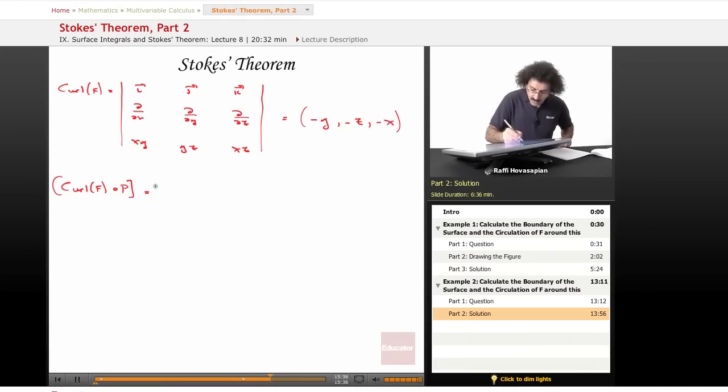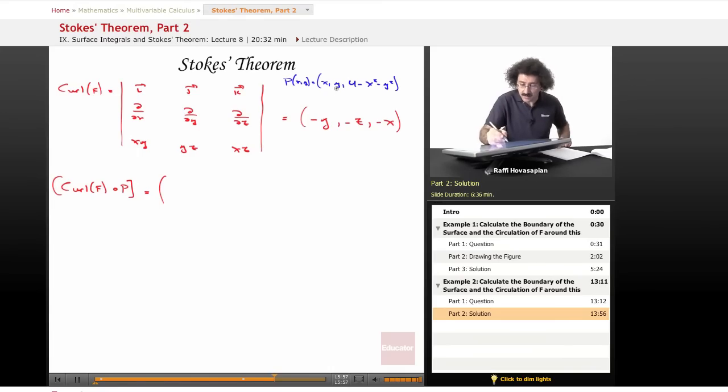So it equals minus y. Let's write down what the parameterization is so we remind ourselves. The parameterization of xy is x, y, 4 minus x squared minus y squared. So minus y just stays minus y.